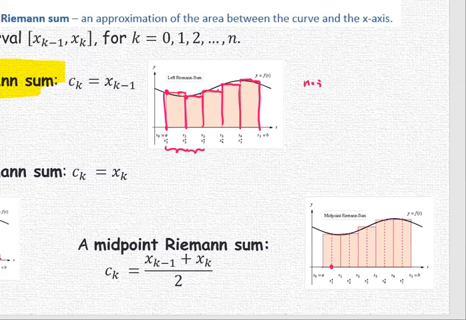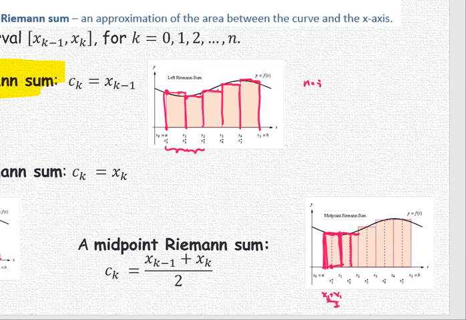You calculate it by adding x0 and x1 and dividing by 2 to come up with the midpoint, and then use the midpoint to calculate the height of this rectangle. There is more calculation for the midpoint Riemann sum, but this is the best approximation among the three ways because it is adjusted within each step of the process.